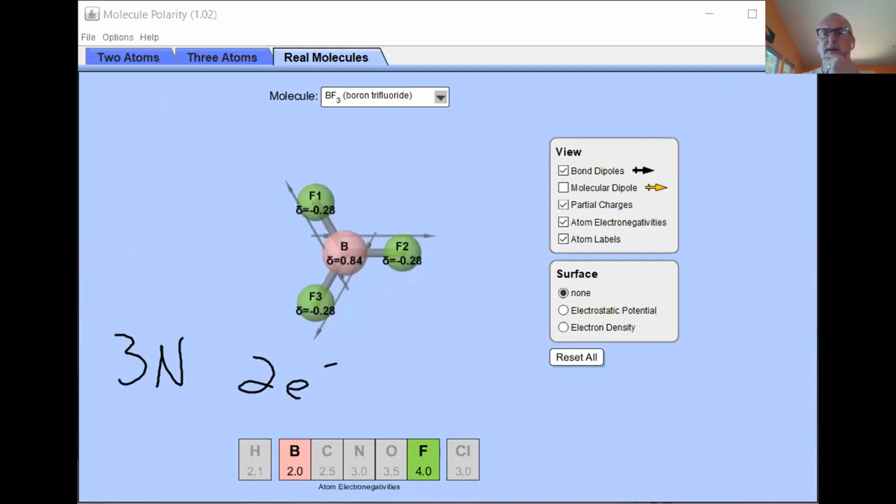What group is boron in? Anyone remember? How many valence electrons does boron have? 3, very good. And where do you think they're going? One of them's going here, one of them's going there, and one of them's going there.